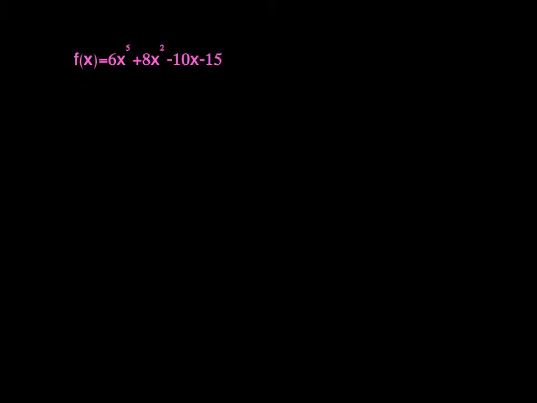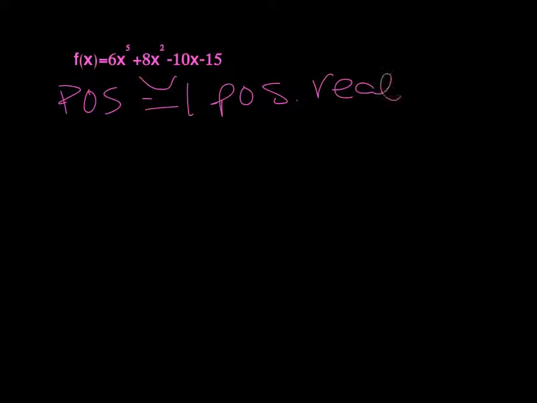Okay, 6x to the 5th plus 8x squared minus 10x minus 15. So if I want to look at my positive real zeros, I'm going to check my sign changes. I went from positive to negative, and so I have one positive real zero, because there's only one sign change.